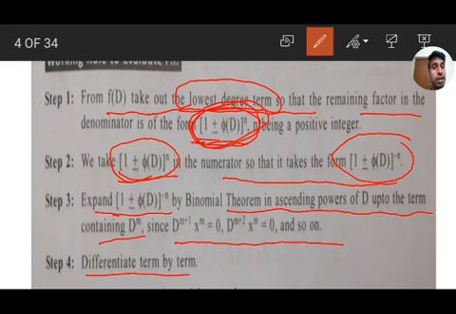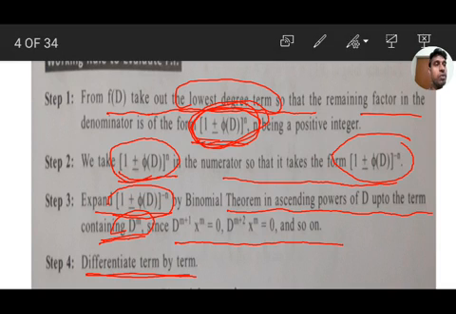Next, expand this 1 plus or minus phi of D, whole to the power of minus n, by using binomial theorem, in ascending powers of D, up to D to the power of m. Next is differentiate term by term. Okay, we get the solution.